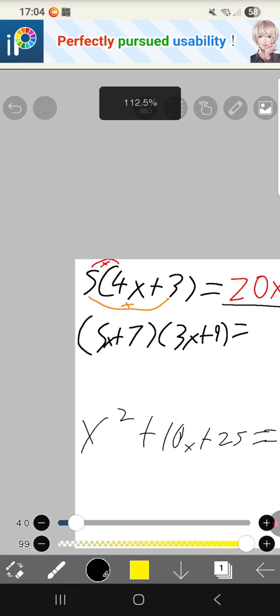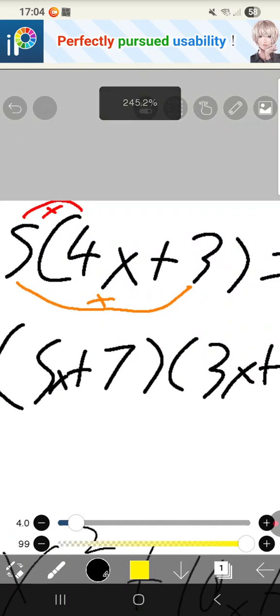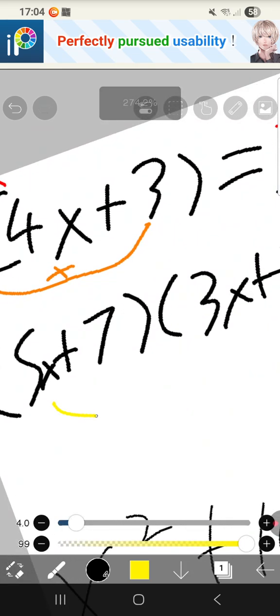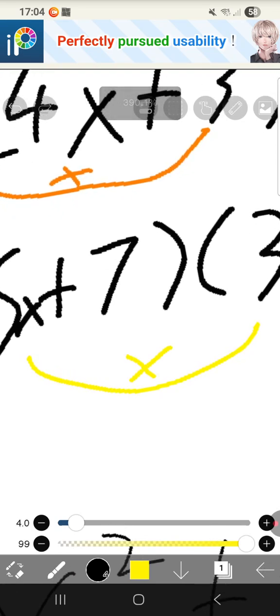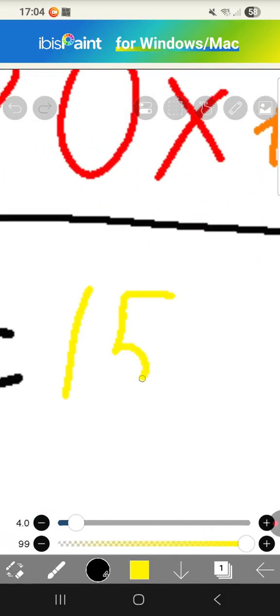Now I move on to slightly more complex work where it's things like 5x plus 7 in brackets, next to it is 3x plus 9. First, we're going to do 5x times 3, which is 5 times 3, which is 15.